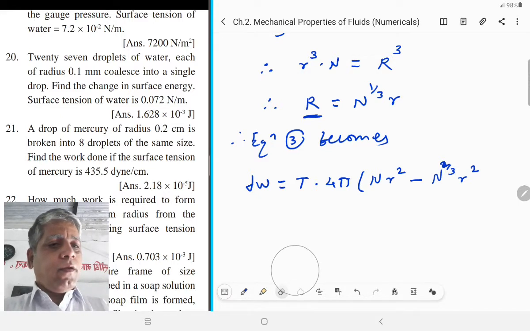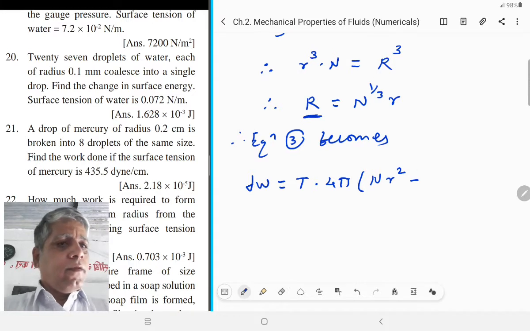If we write like this, n raised to 1/3 into small r bracket square, brackets completed.